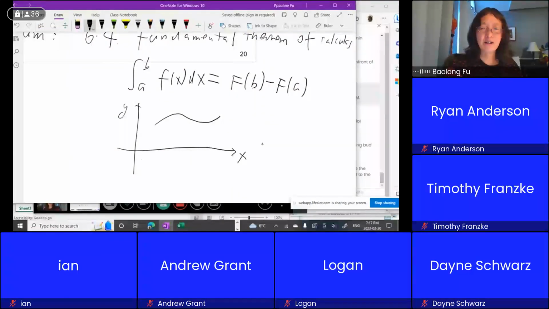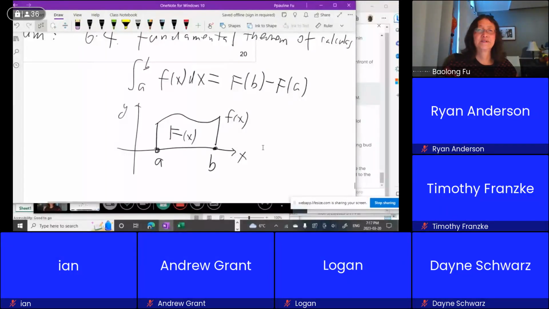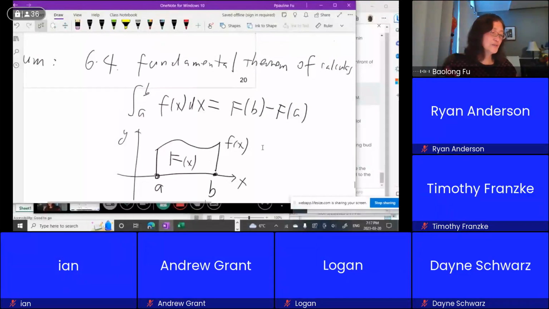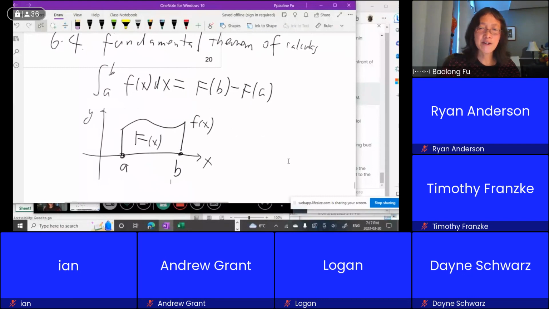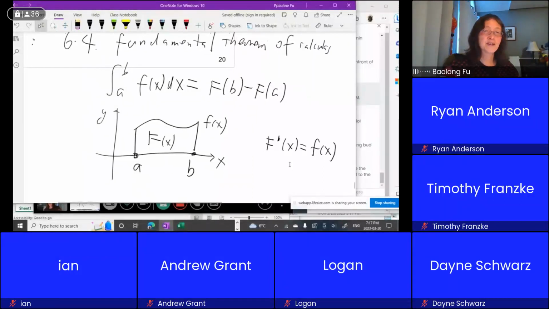This is small f, this is capital F, this is a, this is b. So that is 6.4. Algebraically speaking, capital F take derivative equals small f.